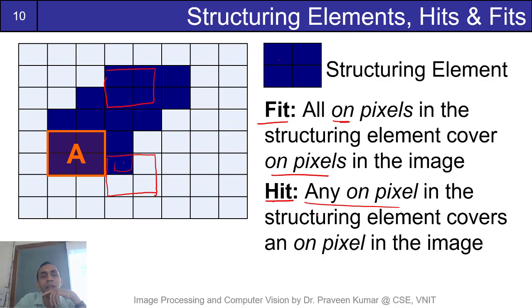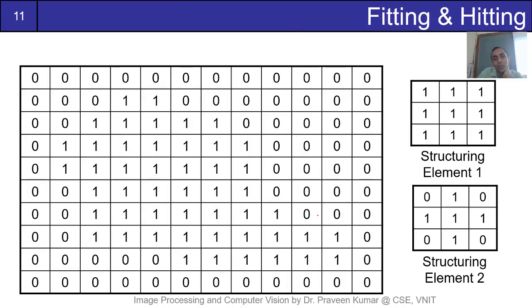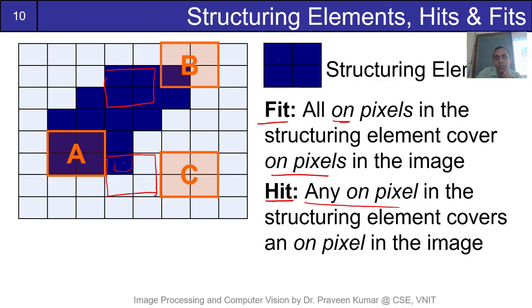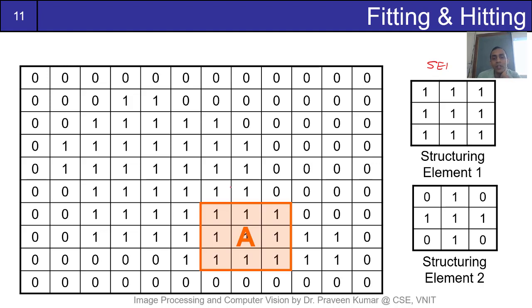So for example, at location A, it's exactly fitting. At location B, we will say it's a hit, and at location C, there is neither fit nor hit. So let us become more thorough with this. Let us say these two structuring elements, structuring element 1 and structuring element 2. At location A, is structuring element 1 a hit or fit, and what about structuring element 2?